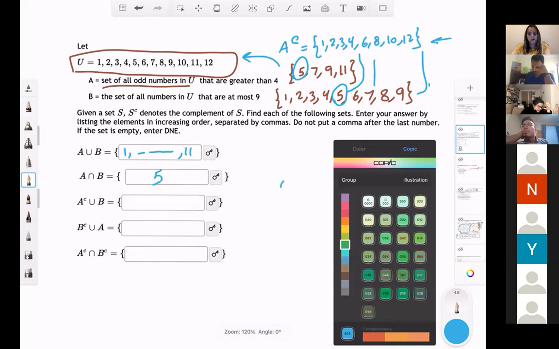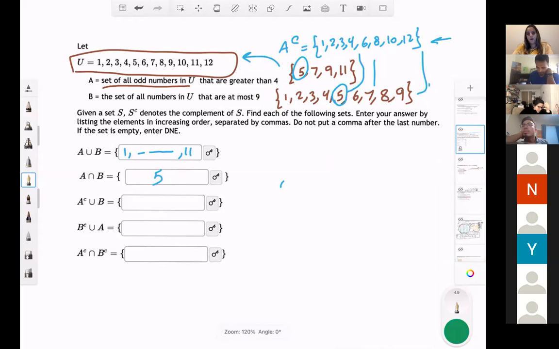So we get 1, 2, 3, 4, 5 in B. Then we have 6, 7 in B, 8 on A, 9 on B, 10. We don't have 11, correct? There is no 11 here. So this one is only missing 11.